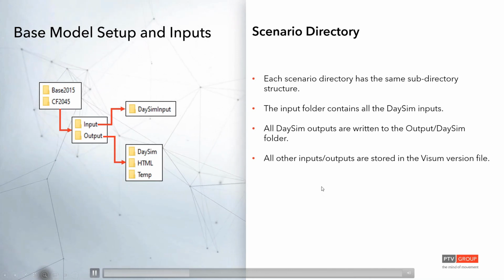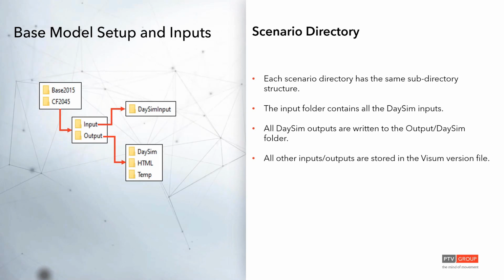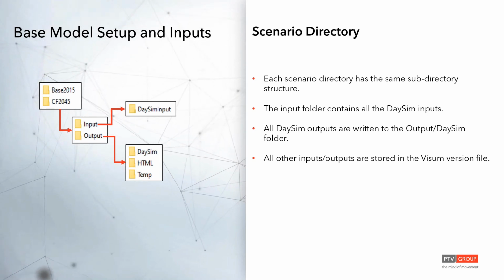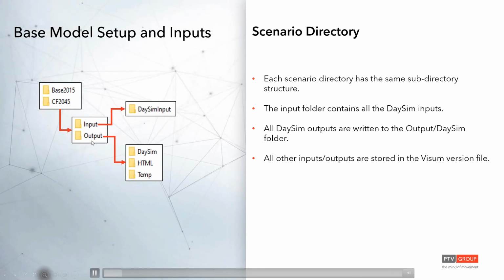In NERPM AB, the scenario directories include inputs only for DASIM, because all the other inputs, mass data, network, and all the other miscellaneous inputs required for running auxiliary models or any other operations, everything is stored in Visum. So only DASIM specific inputs are stored in these scenario directories, and also only the DASIM specific outputs are stored in the scenario output directory.